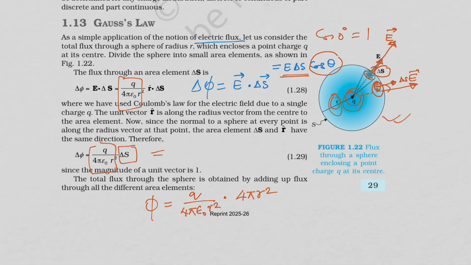If you cancel out the 4 pi and r square, what is left is Q upon epsilon naught.